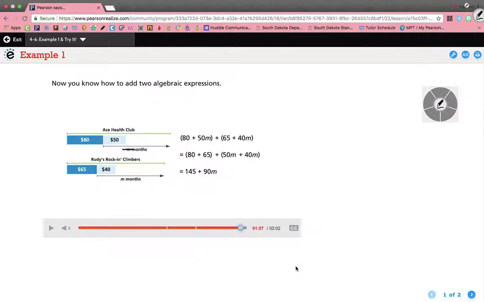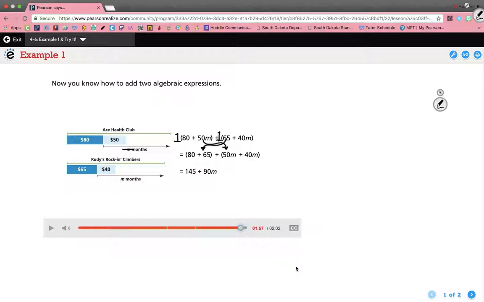All right, another way to think about this is, they said use the associative property and the commutative property. So they took this 50M and they moved it down there to get the like terms together, and they used this 65 and they moved it down there. They did a little switcheroo. If you're not confident in being able to do that on your own, remember that I said if there's nothing there in front of a parentheses, there is a 1.